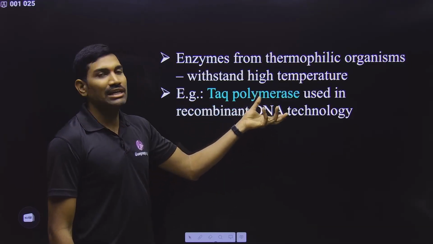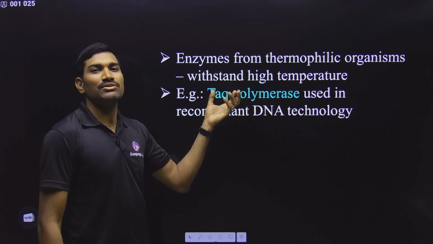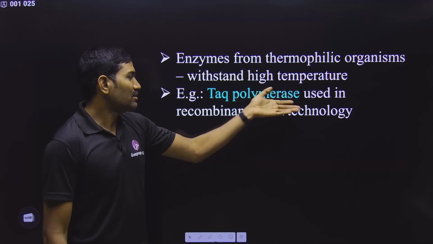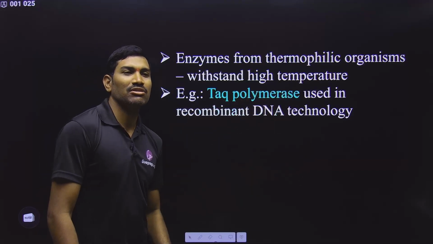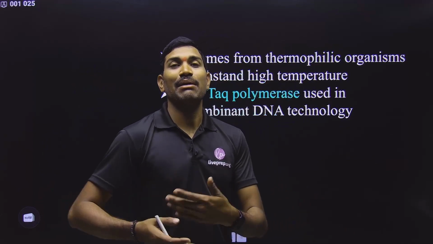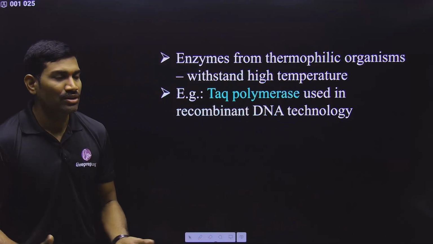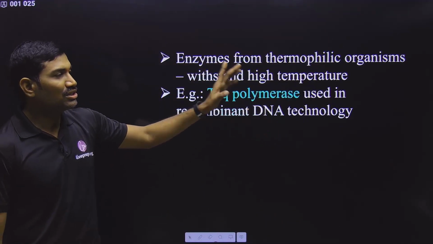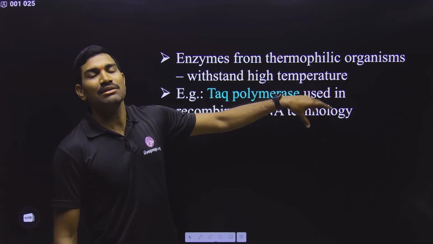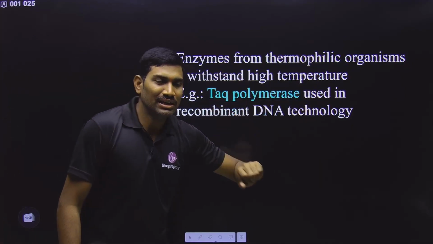From that, DNA polymerase was isolated. So that's why it was named Taq polymerase, DNA polymerase, and this is involved in recombinant DNA technology, and mainly it is used in the PCR technique for the amplification of DNA molecules. Yes or no? So there we are using this. So these are important significances for the enzymes that are isolated from thermophilic organisms.